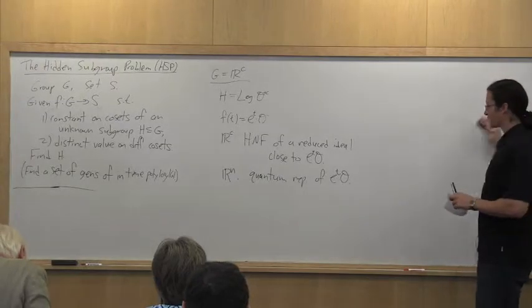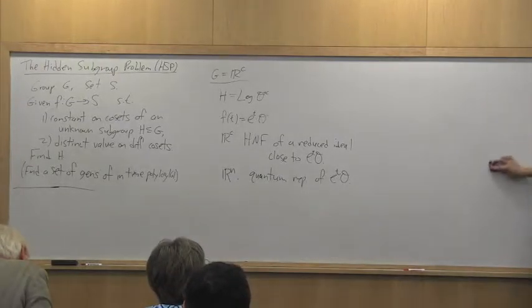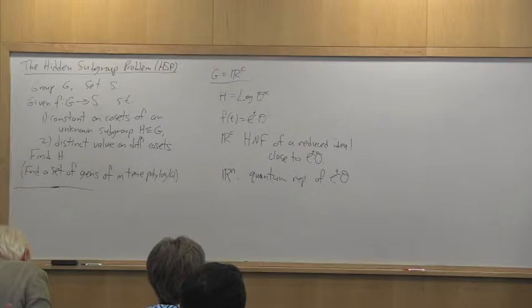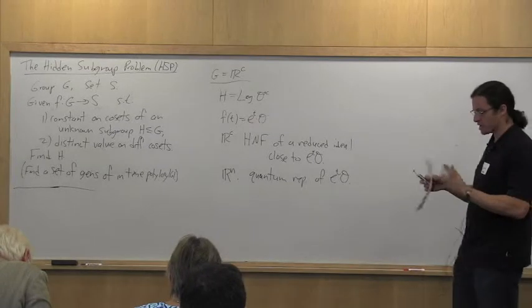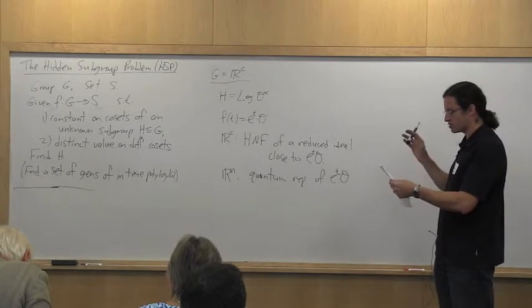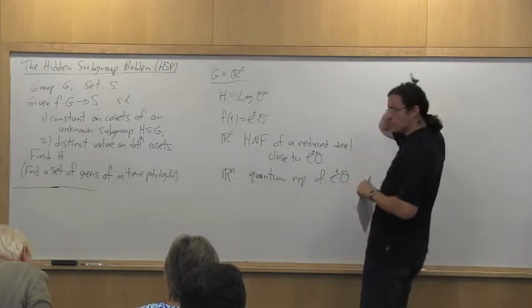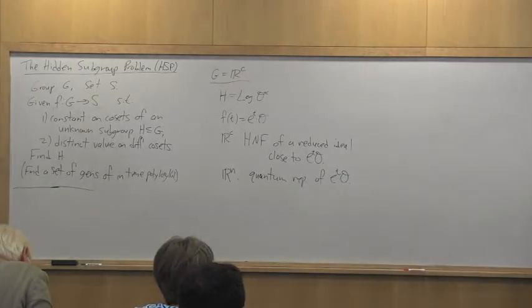Okay, so I'm going to try a little bit of an experiment and try and say very little and see if people are happy or not. But one of the reasons I'm doing that is because I want to show you where lattices come up. This is going to be another example. So I want to do it in high dimension and just say a couple things, and then you'll see where the lattices are. Okay, so we want to think about how the quantum algorithm works for the hidden subgroup problem.